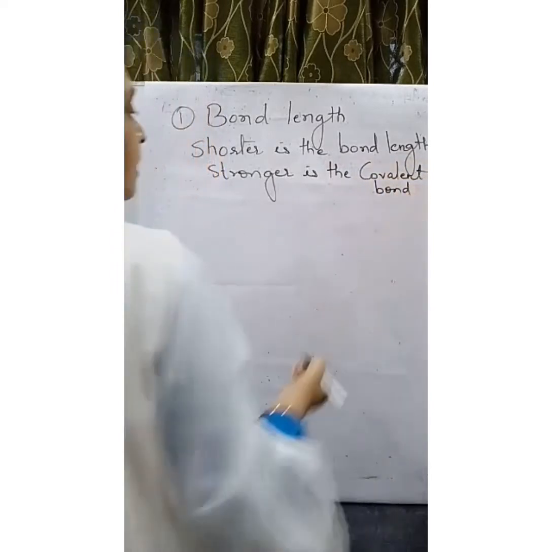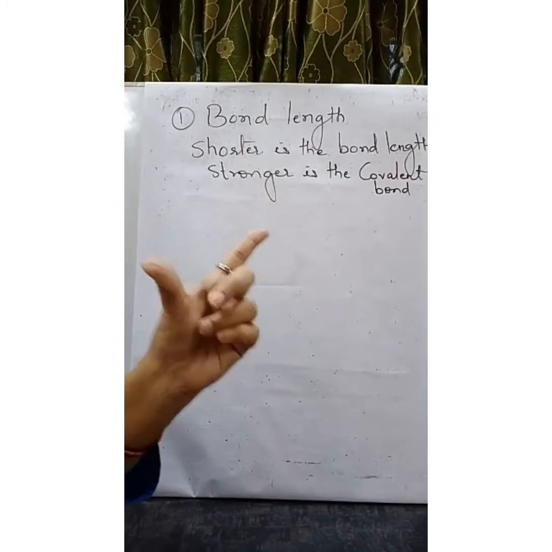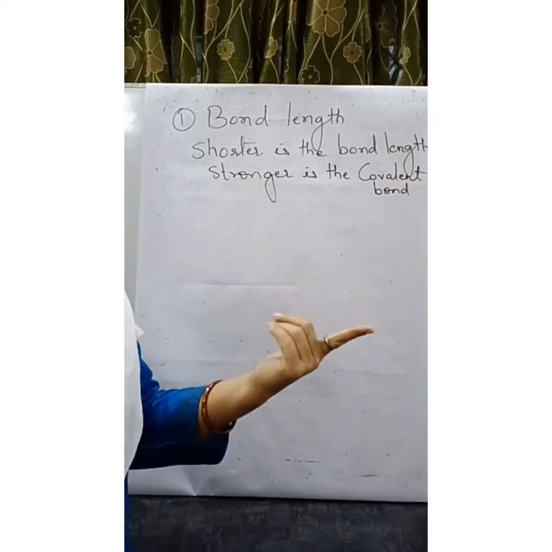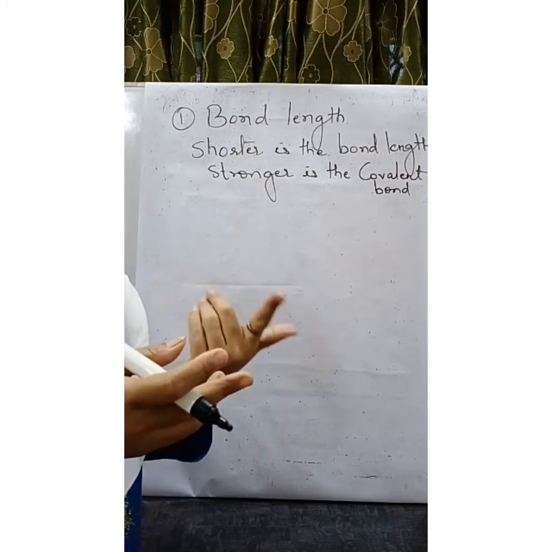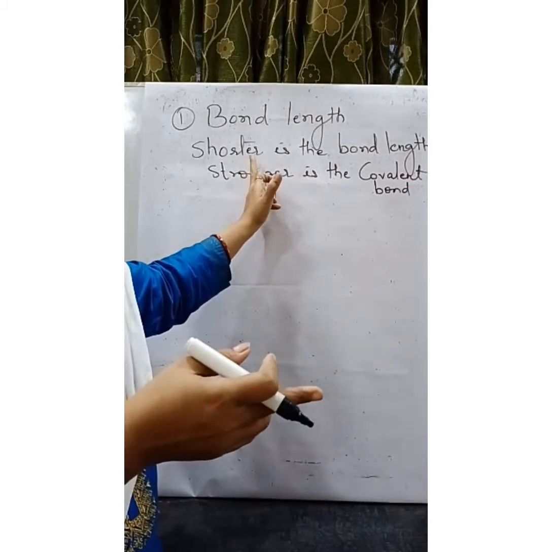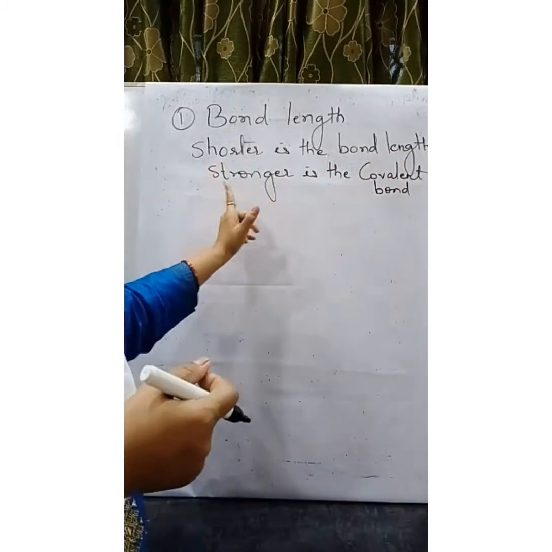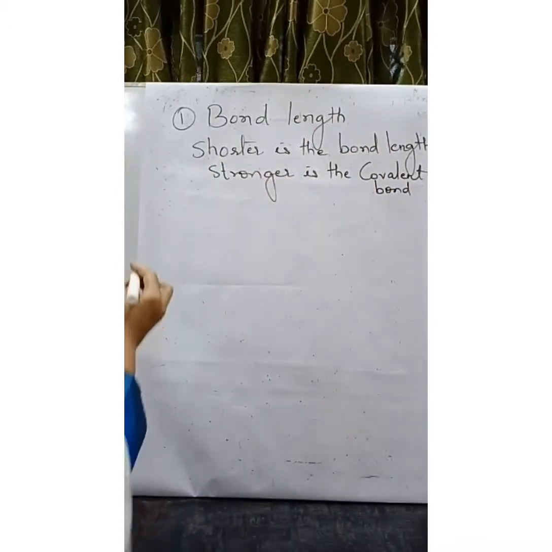So, if the bond length is short, we require more energy to break the bond. So, we can say shorter is the bond length, stronger is the covalent bond.